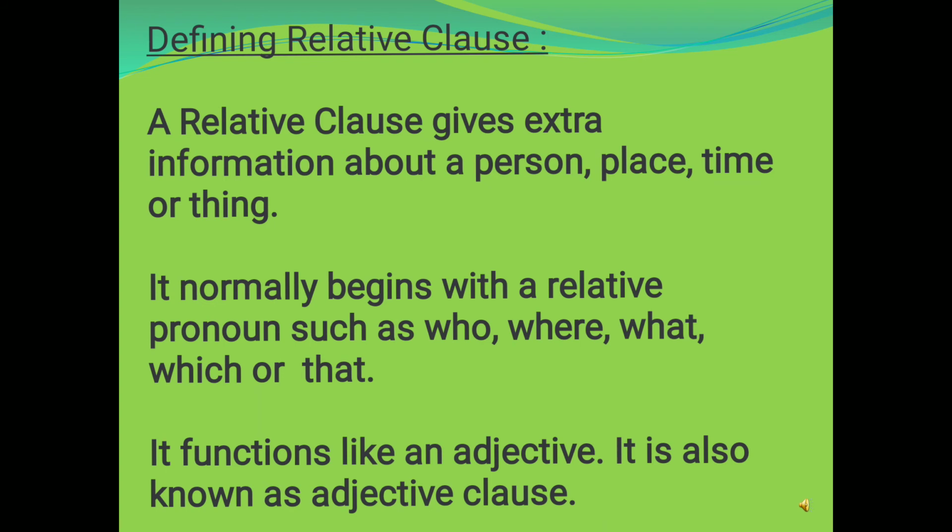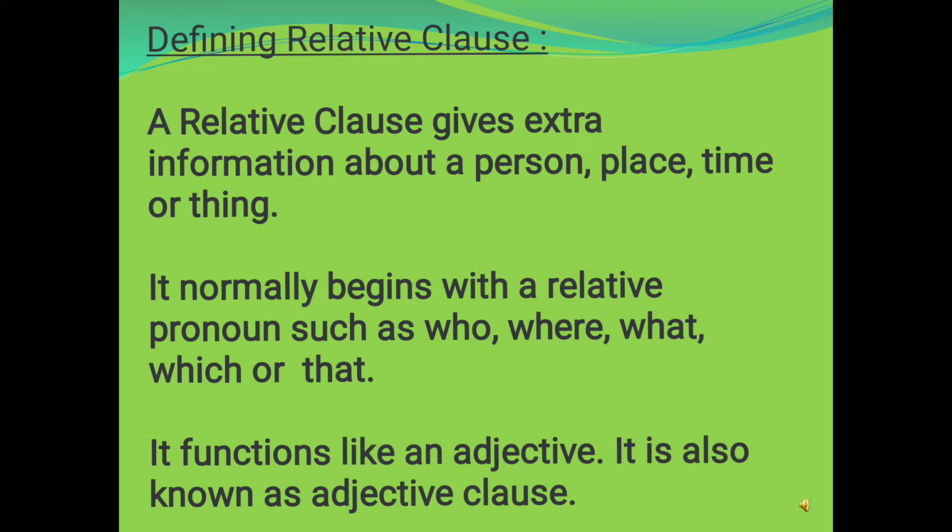Let us know more about defining relative clause. A relative clause gives extra information about a person, place, time, or thing. It normally begins with a relative pronoun such as who, where, what, which, or that. It functions like an adjective.